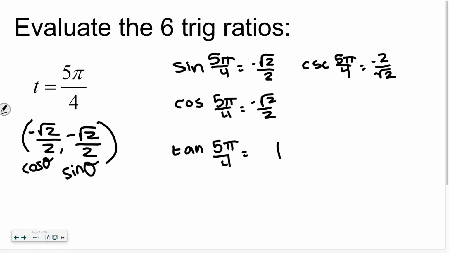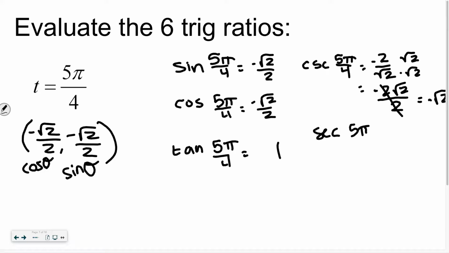So if I flip negative square root 2 over 2 and make it negative 2 over square root 2, I'll have to rationalize my denominator, which will be negative 2 square root 2 over 2. So that's just negative square root 2. And that would also be the same thing for secant. It'll just be negative square root 2.